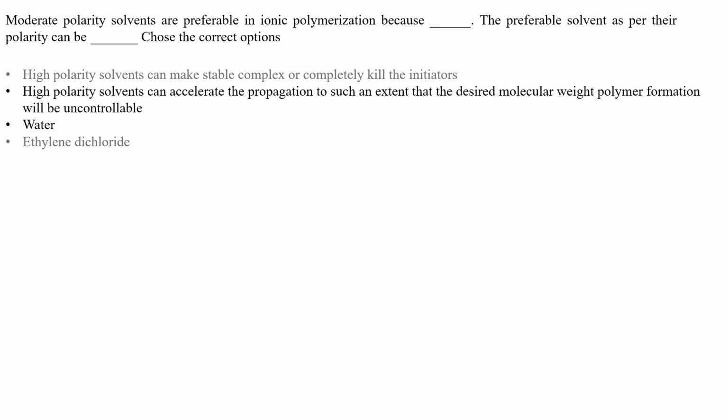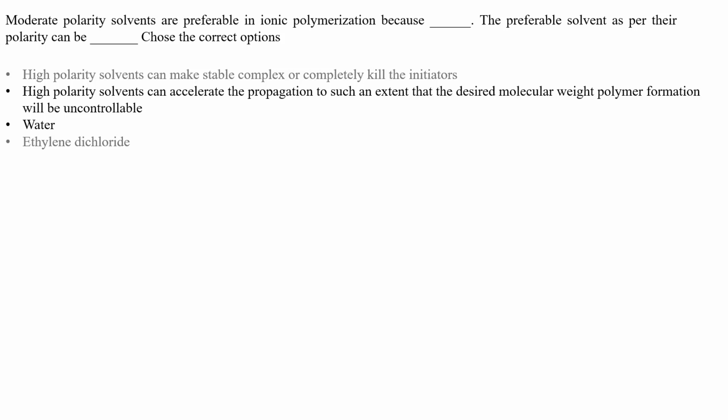It will kill the initiator in the sense that the polarity difference will be very high, and the propagating species will be much different from the initiator species if the high polarity solvents accelerate the initiation process rapidly. Because of that, moderate polarity solvents are more preferable in ionic polymerization. So the first option is the correct one. The preferable solvent as per their polarity can be dash.